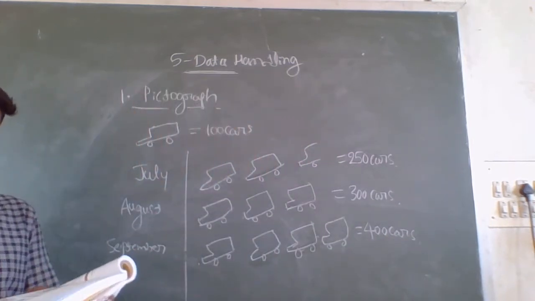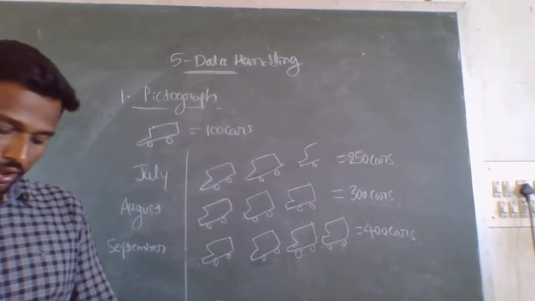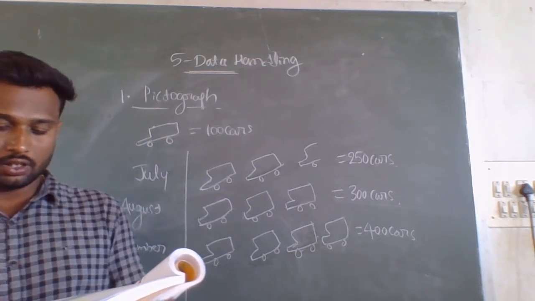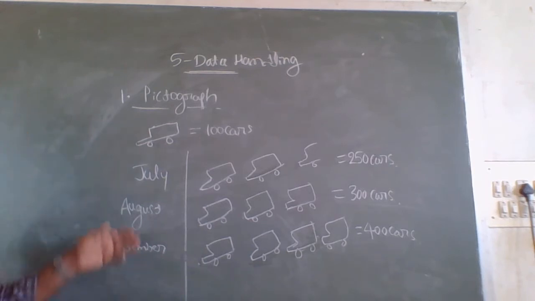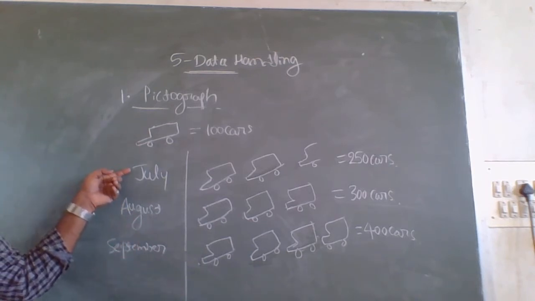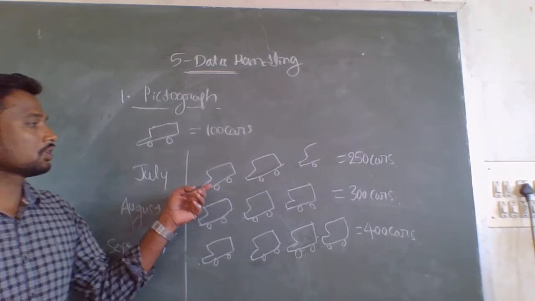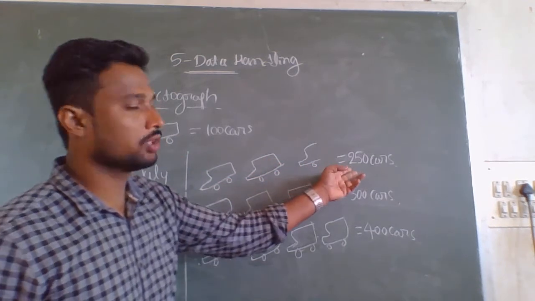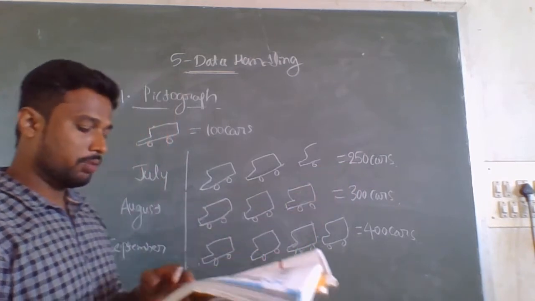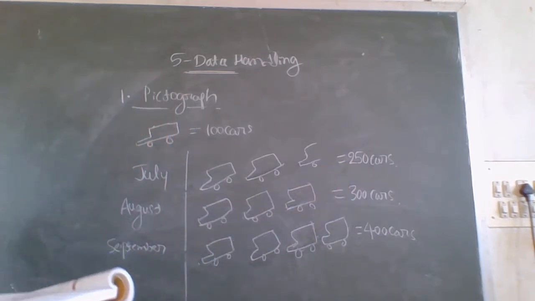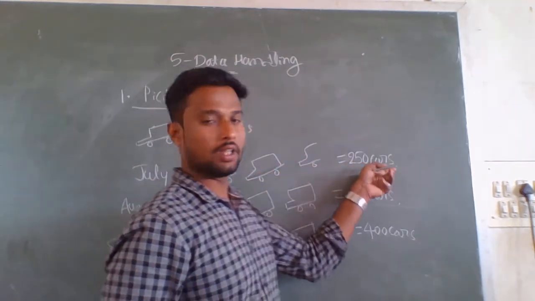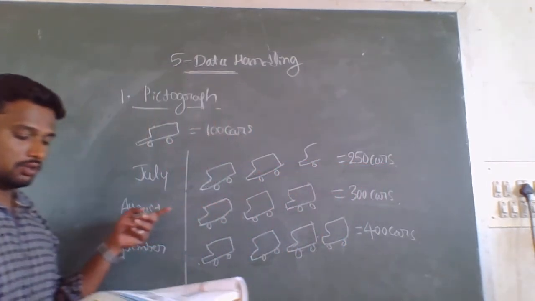So here, below this example, they have given some questions. How many cars were produced in the month of July? They are given here 2.5 symbols of this car. 2.5 means 250 cars. So in the month of July, 250 cars were produced.